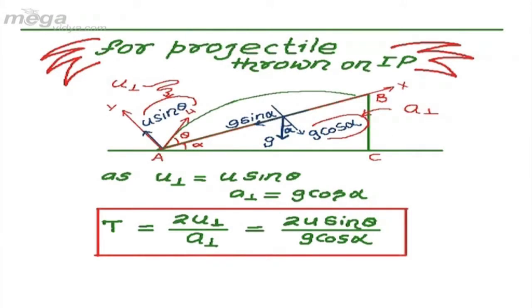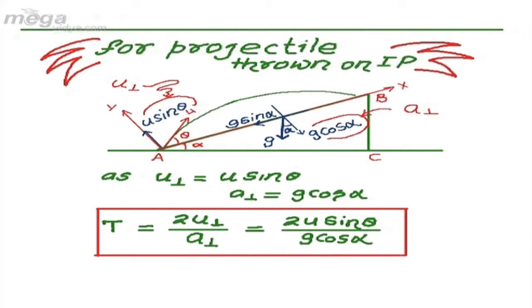And if we resolve a projectile's motion which was thrown on inclined plane in two mutually perpendicular directions, what change we are doing here is we are taking x direction along the incline instead of along the ground, and y direction perpendicular to the incline.